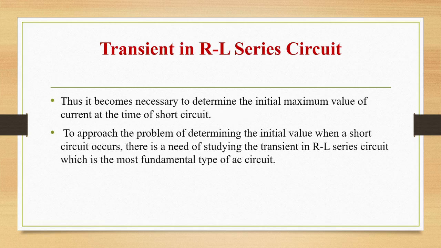It will become necessary to determine the initial maximum value of the current at the time of short circuit. To approach the problem of determining the initial value when a short circuit occurs, there is a need of studying the transients in RL series circuit, which is the most fundamental type of AC circuit.